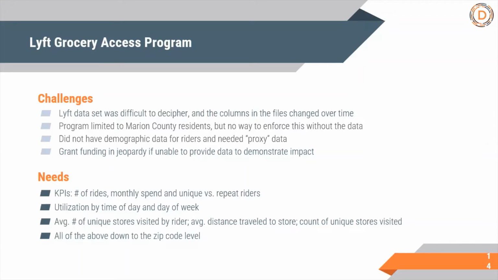Again, our whole goal was to ensure that we were providing access to food for people that were in underserved communities, especially those underserved communities of color, and those communities that had multiple disparities. And so we needed to find a way to translate our data into something that really visualizes the impact.